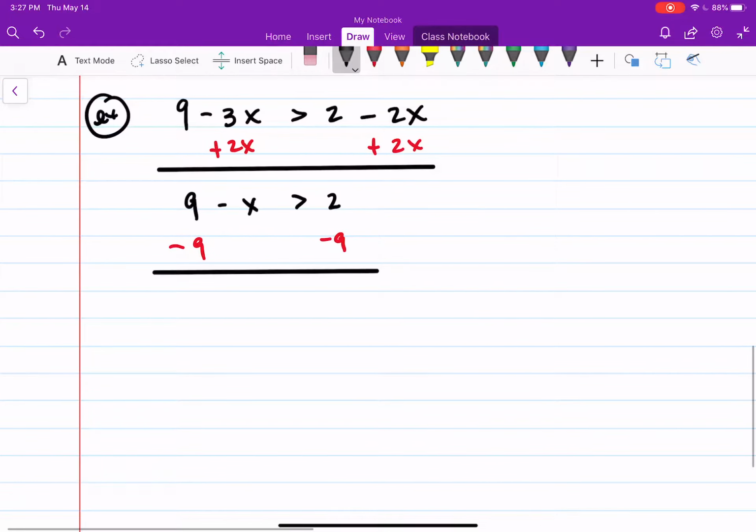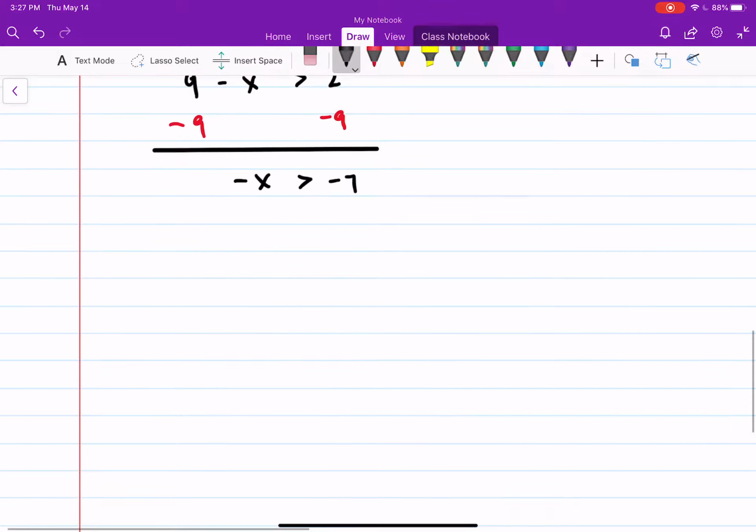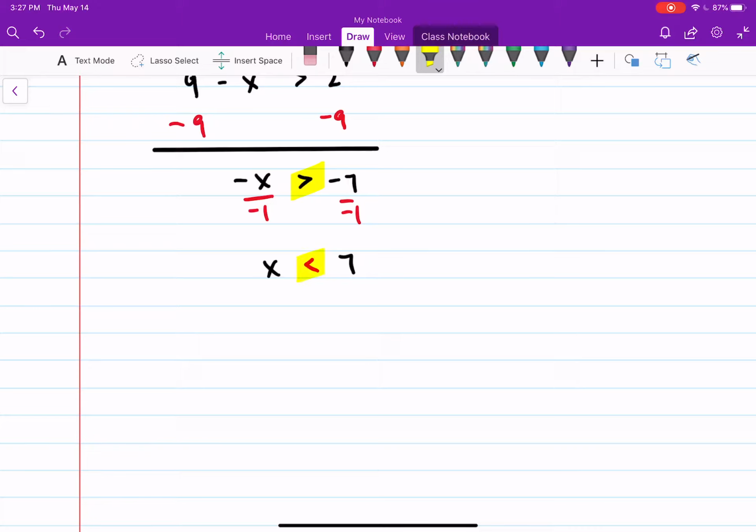And then I'll have negative x is greater than -7. So I have to multiply or divide by -1 here. So guess what happens? x is now going to be less than 7. So notice the change in the inequality. It went from greater than to less than, okay? Because I divided by a negative. Only because I divided by a negative.